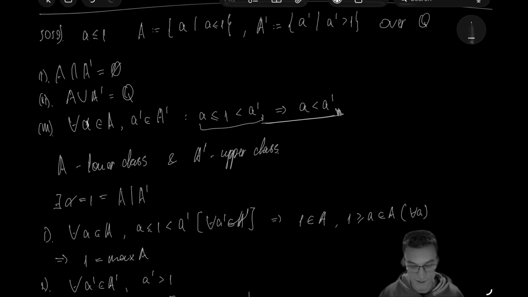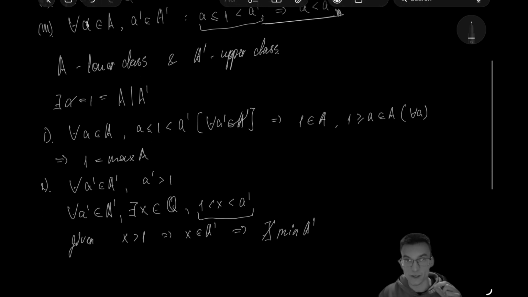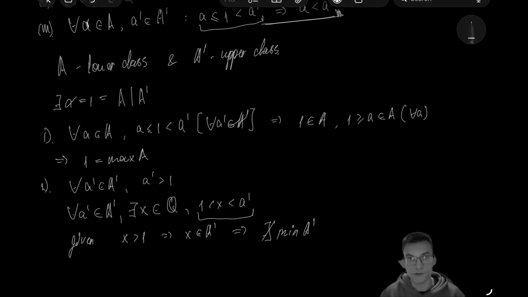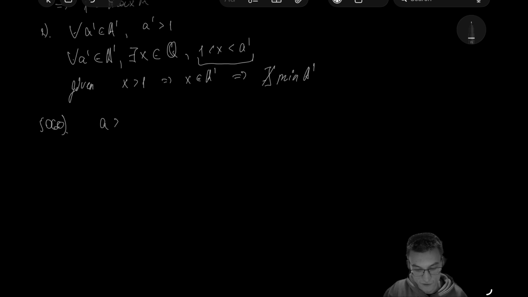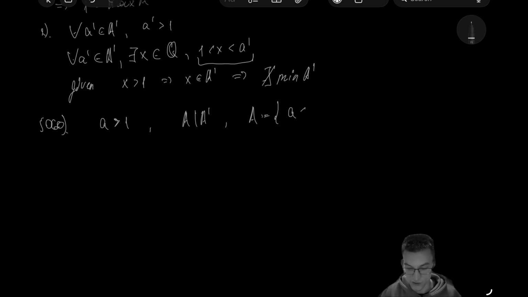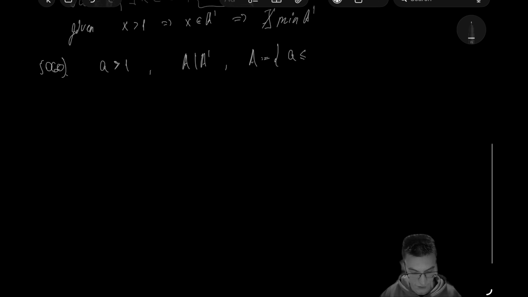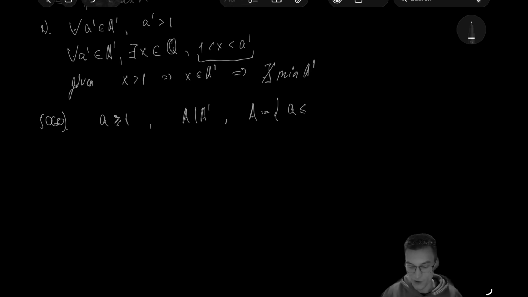So the moral of this story is that in this particular cut we have a maximum element in the lower class, but we do not have a minimum element in the upper class. In fact, we can introduce another cut. Let's say a is greater than 1. What does that mean? That means that we have another cut, a and a prime, where a consists of elements that are just less than 1, and a prime consists of elements greater than or equal to 1.